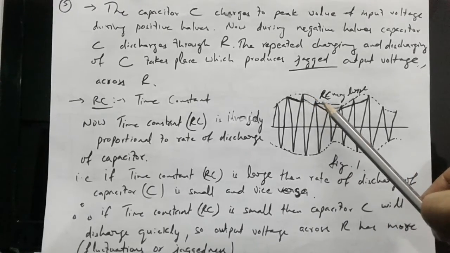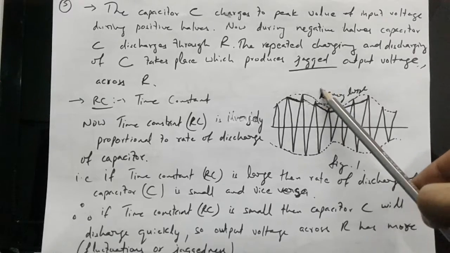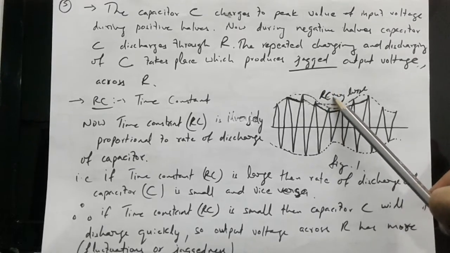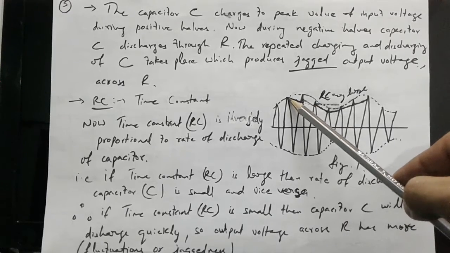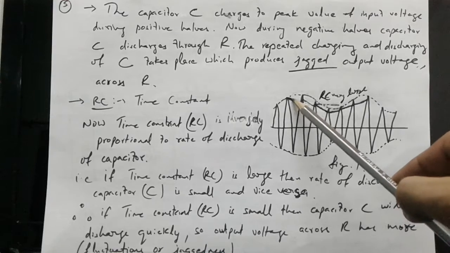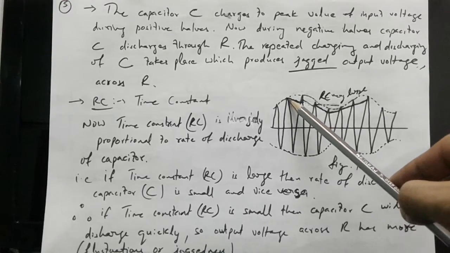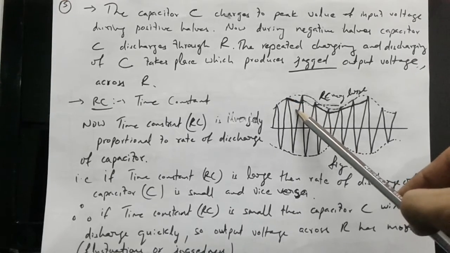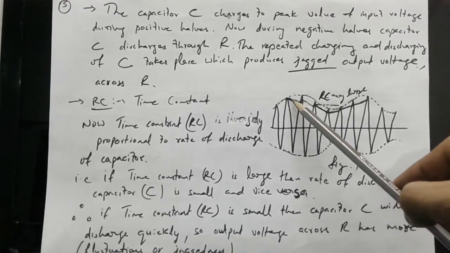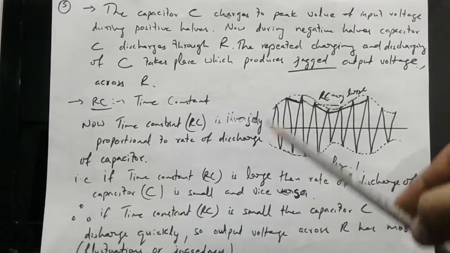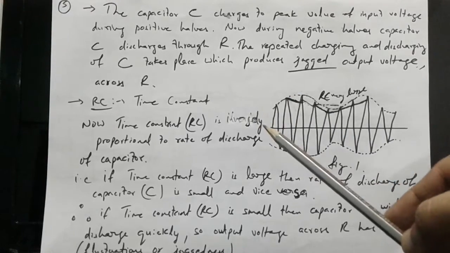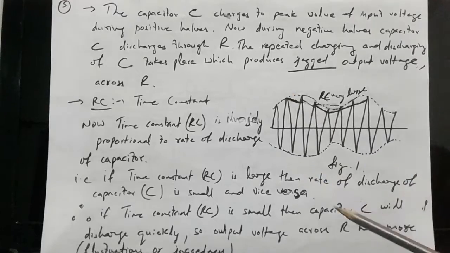So if the time constant RC is small, in that case also there will be rapid charging and discharging of the capacitor, and the slope of this line will have more fluctuations. So we want that the time constant should not be very large and should not be very small.